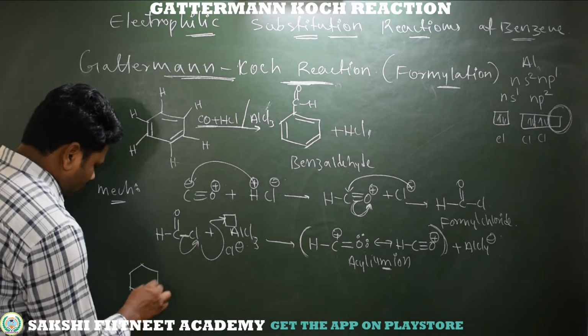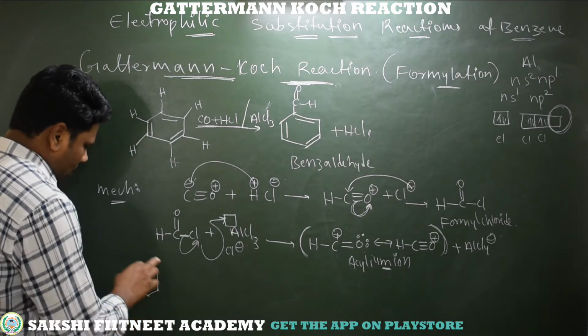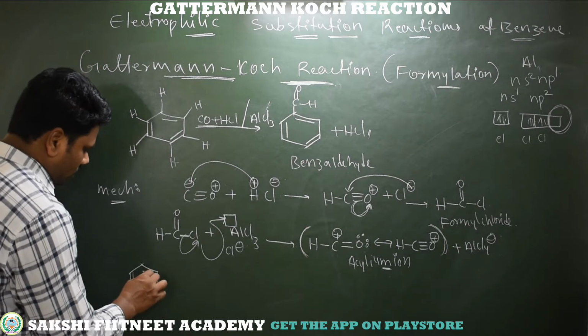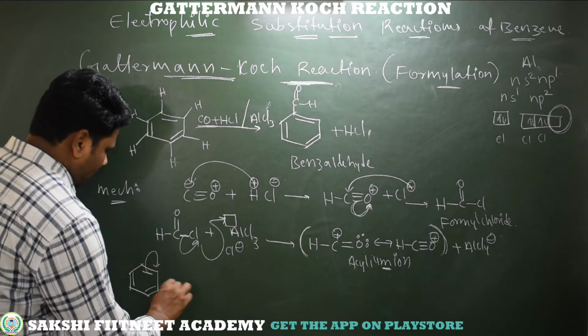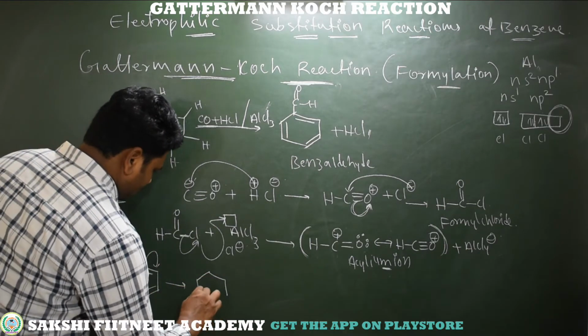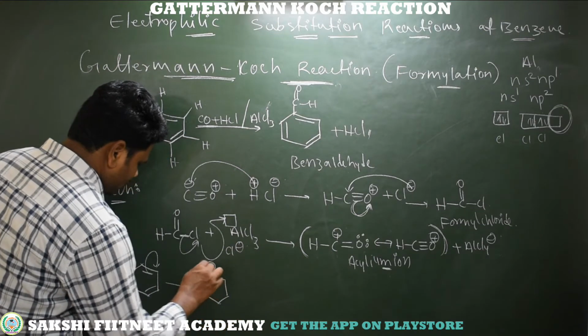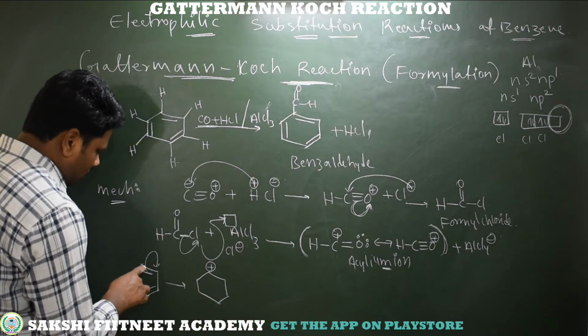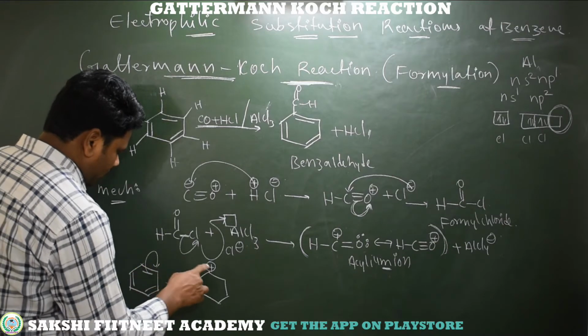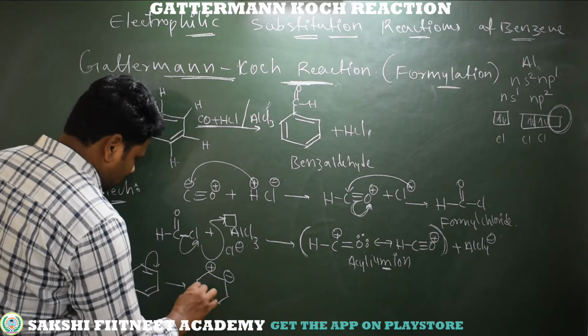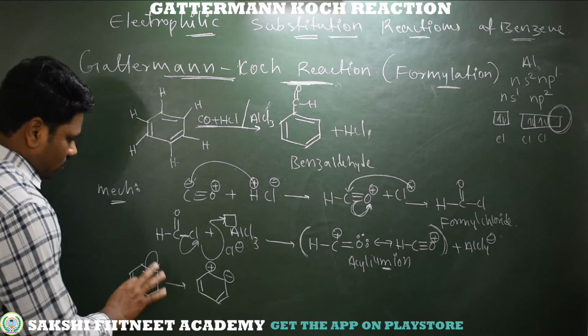So in the presence of the electrophile, see here in this benzene ring, any one of the pi bonds undergoes the electromeric effect, and we will get a positive carbon. See, this carbon lost its electron and shifted to this carbon. So this carbon becomes positively charged, this carbon becomes negatively charged, and the other pi bonds remain as they are.